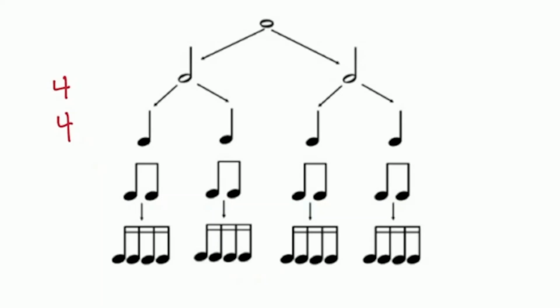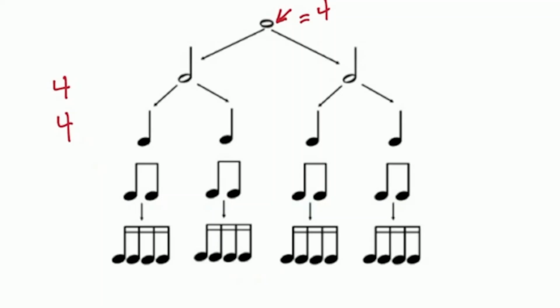This top note is the whole note. In 4/4 time, you can only have 4 beats per measure, and the whole note equals a total of 4 counts. So you can have one whole note within one measure of 4/4 time.